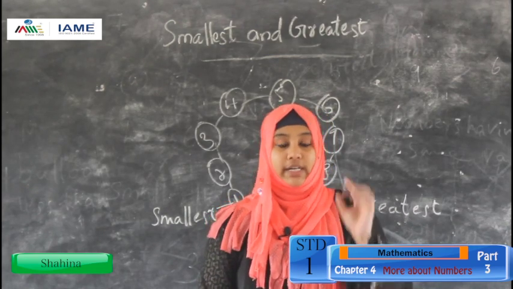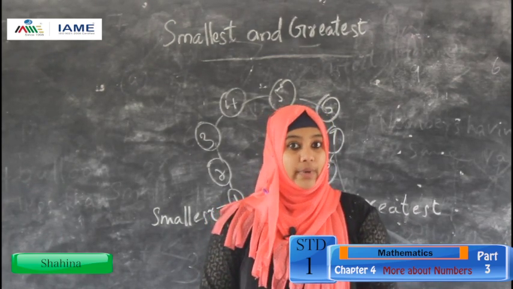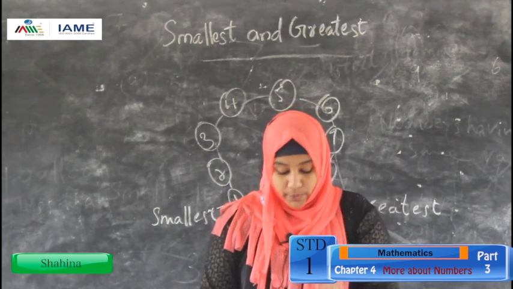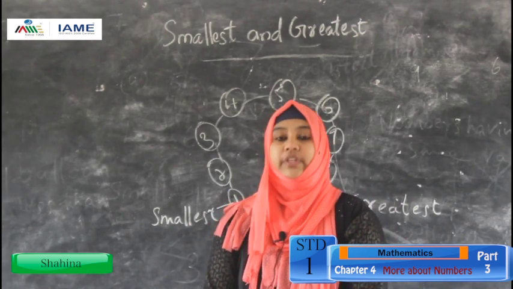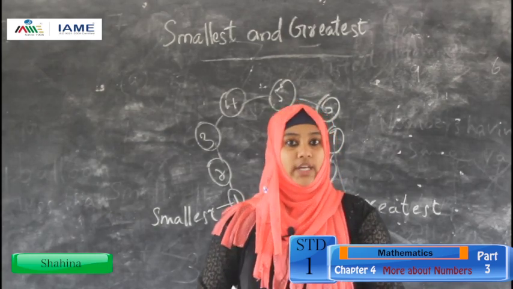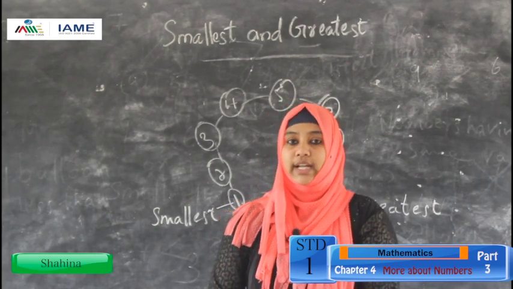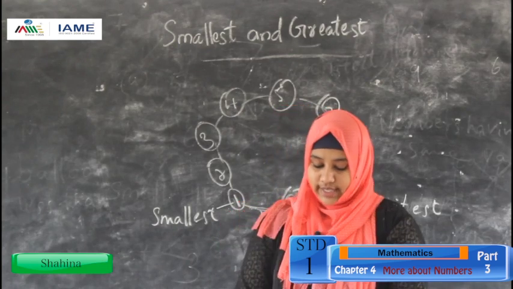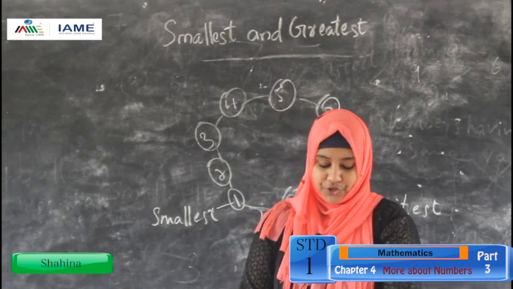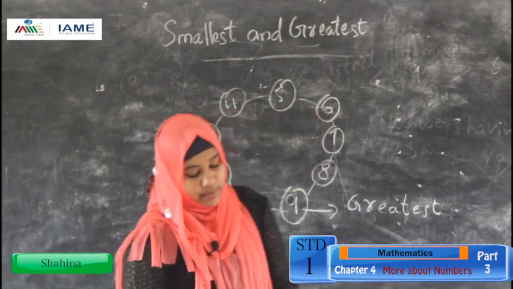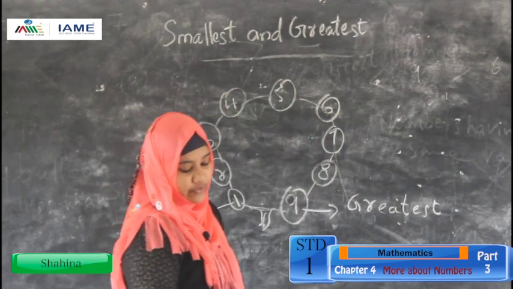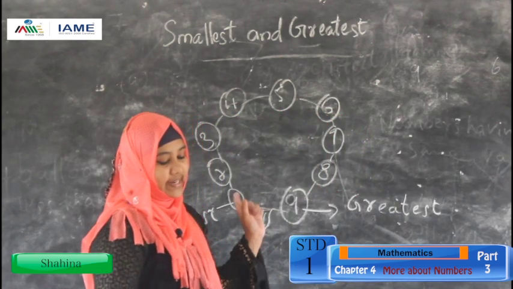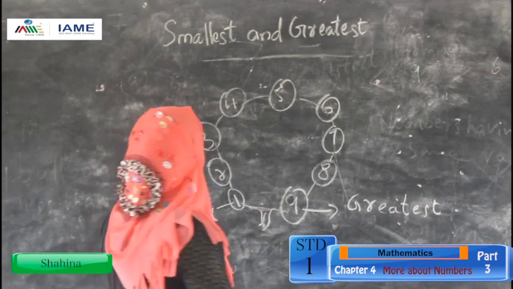I know you know the smallest and biggest numbers. Then in the next page, page number 62, in the table below, compare the numbers on the left with the numbers on the top and write appropriate symbols.